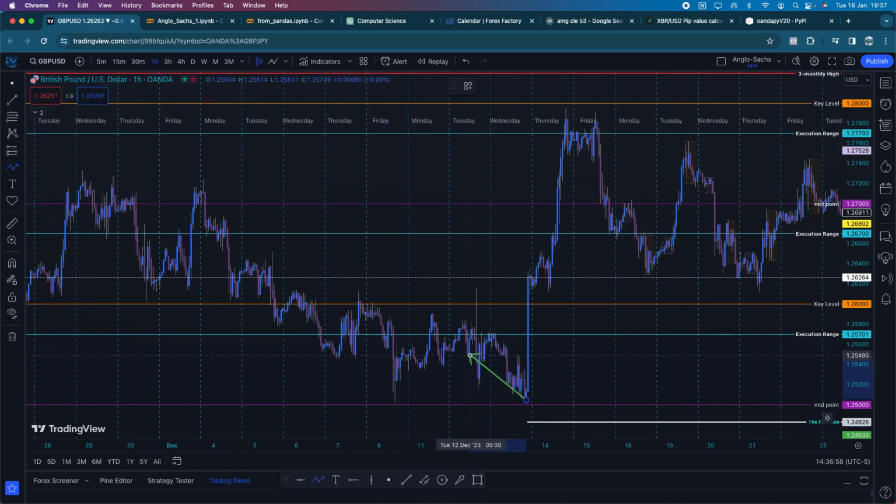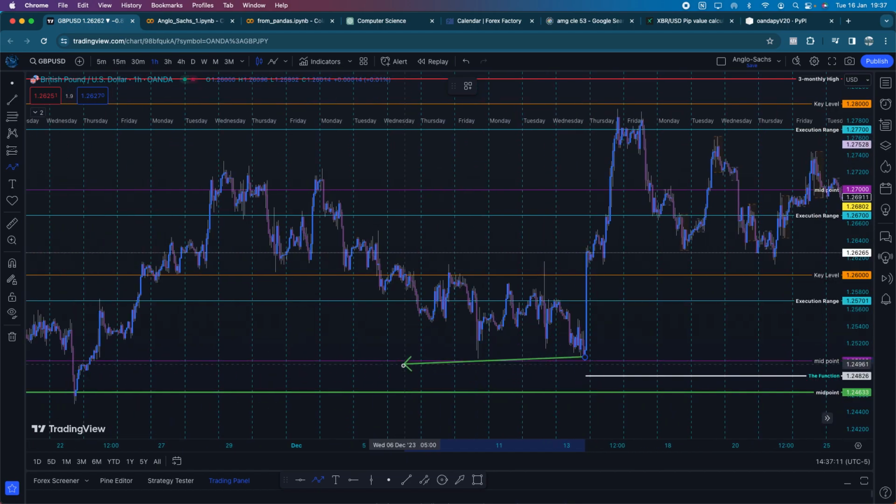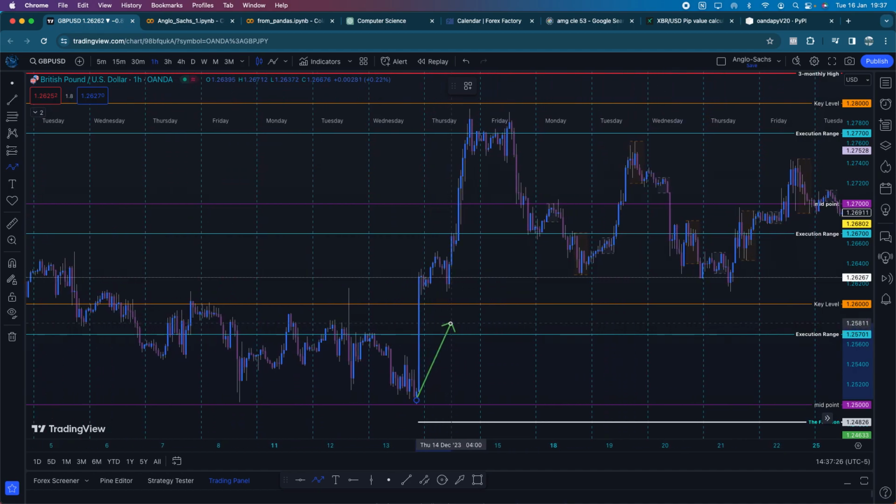Then I was looking at how the market was reacting going into that new week, which was this Monday, around the 11th of December. I was very aware of the price action and the way the market had traded down here. Moving from this point to this point, I was very aware of what could potentially happen.